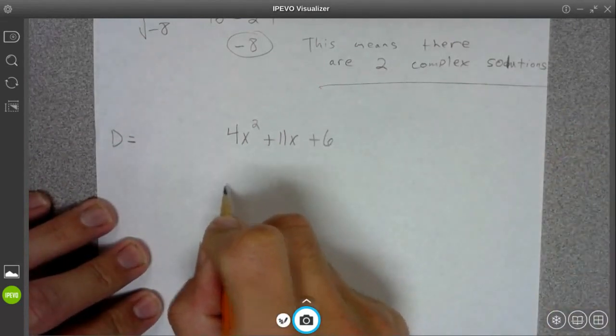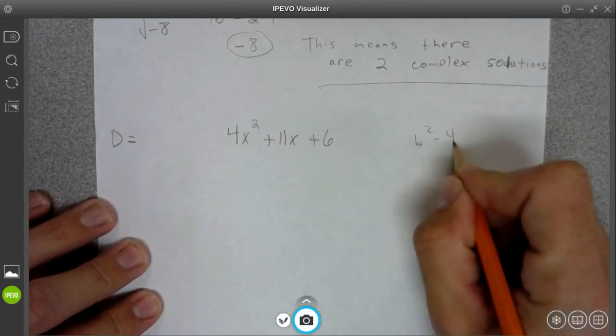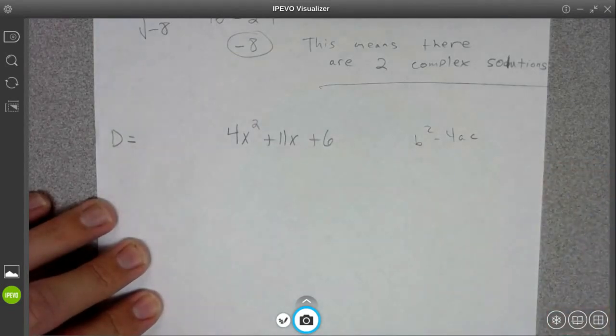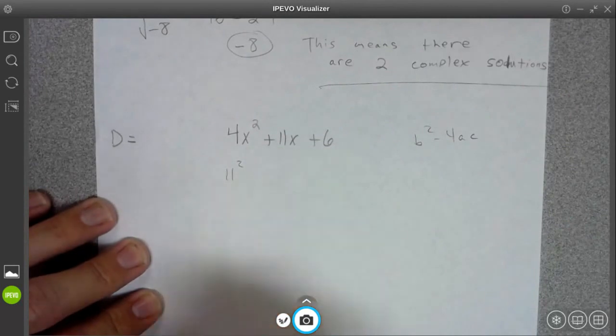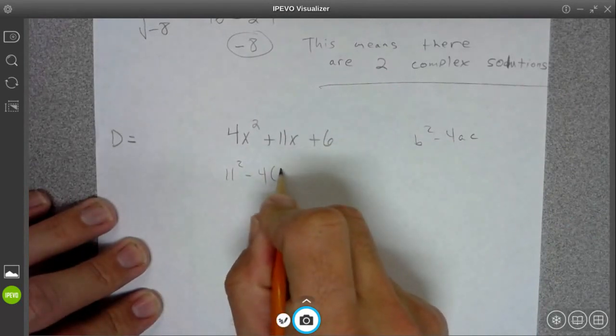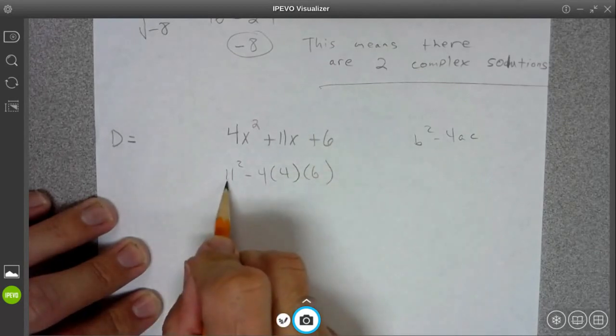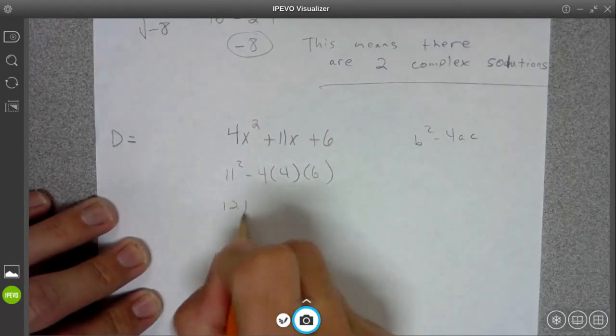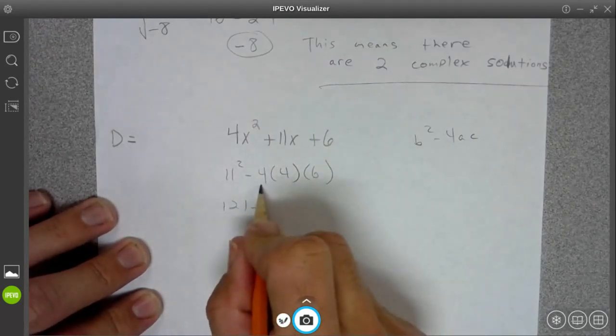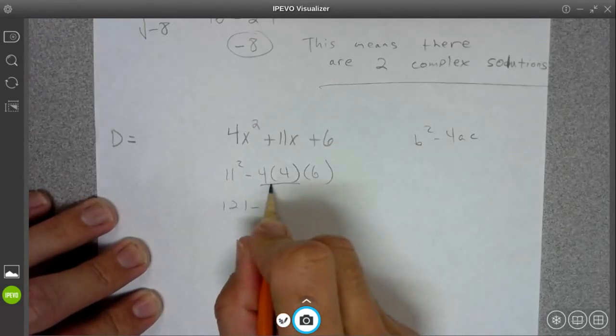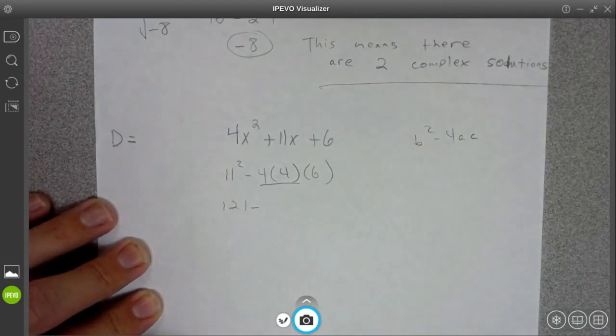b squared, so we're just going to do that part right there, and that's going to tell us about the solutions. So b squared minus 4ac. 11 squared is 121. Ooh, I don't know 16 times 6.